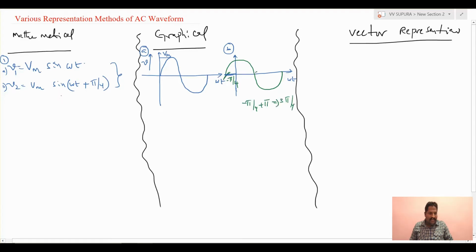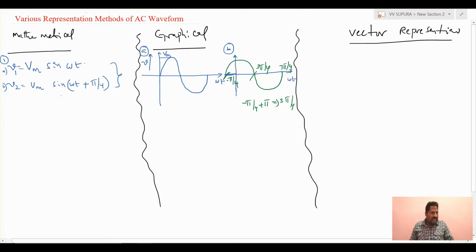Again at 3 pi by 4 the value will be 0, and then at 7 pi by 4. So we have to represent these waveforms in a graphical manner, on a graph sheet, starting the waveform before pi by 4. That is the graphical representation.